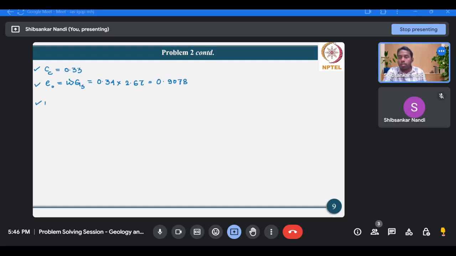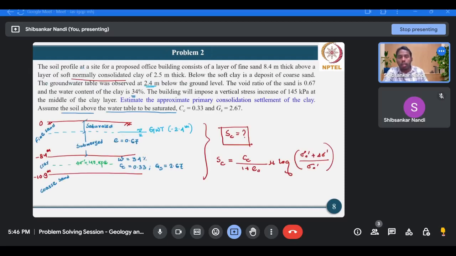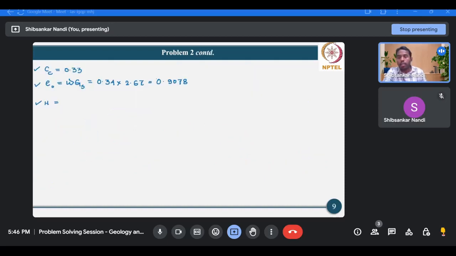Then the value of H is 2.5 meter, that is 10.9 minus 8.4. Then sigma 0 prime we have to calculate, and delta sigma prime is 145 kPa.